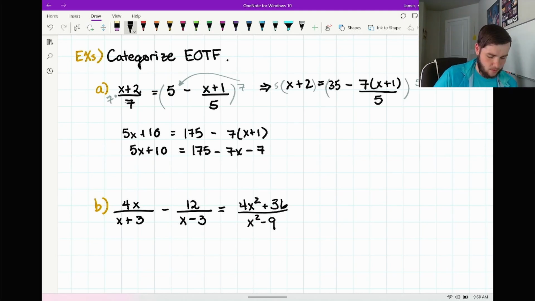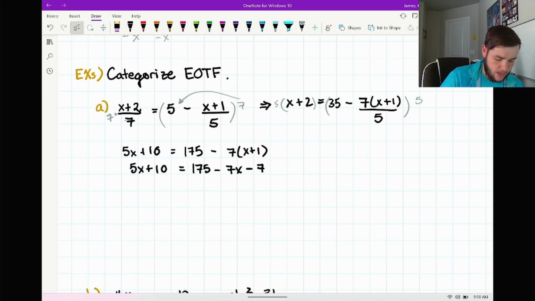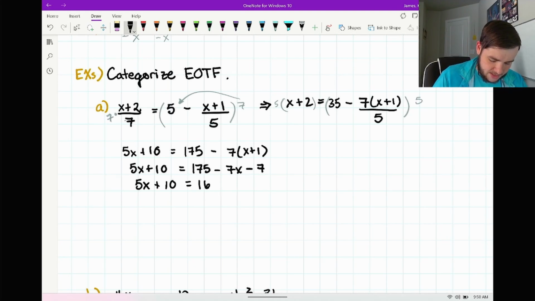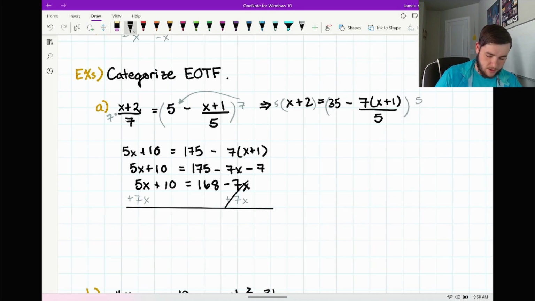And I'm going to give myself a little bit more room here. Okay. Now, I can combine like terms again on the right-hand side to get 5x plus 10 is equal to 168 minus 7x. And now I need to move all of my x's over to one side. So I'm going to move my 7x over, and that'll cancel it out on the right-hand side.